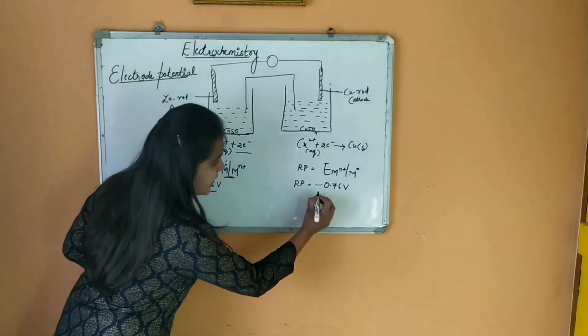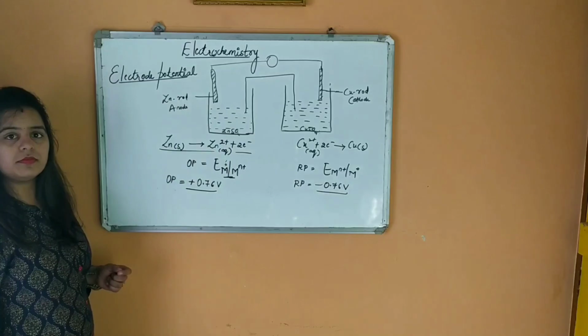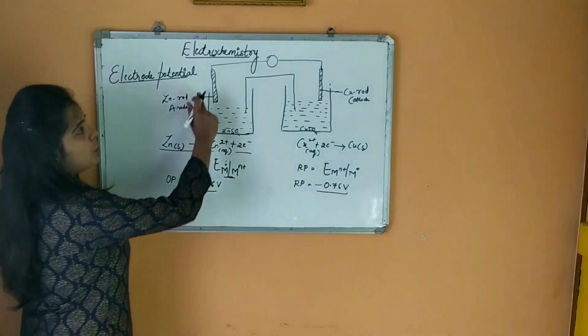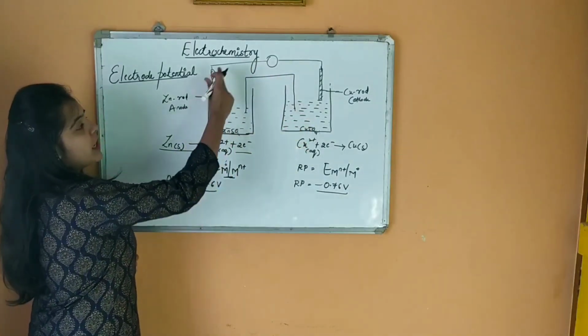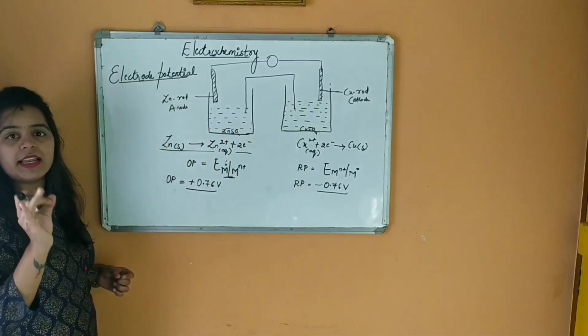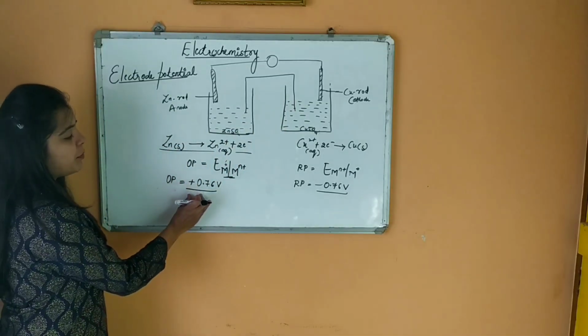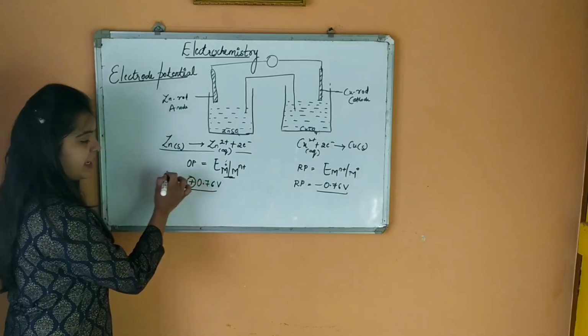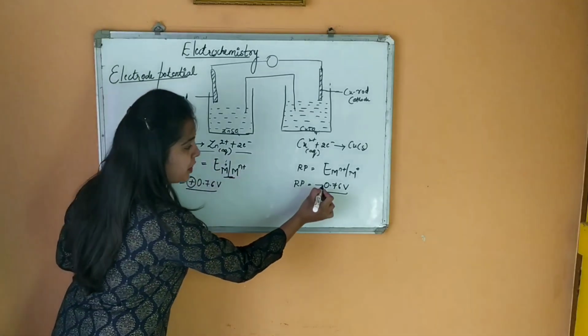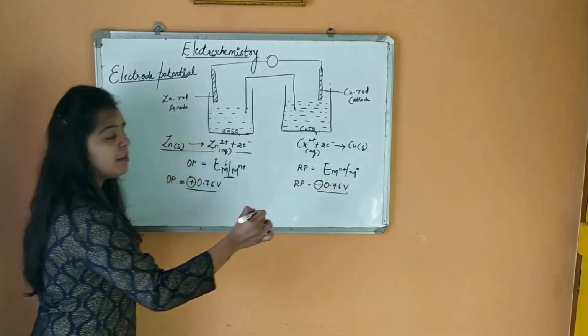What do you understand by this? You know that the entire electrochemical cell is under electrical neutrality. If the oxidation potential has a plus sign, then the reduction potential must have a minus sign.